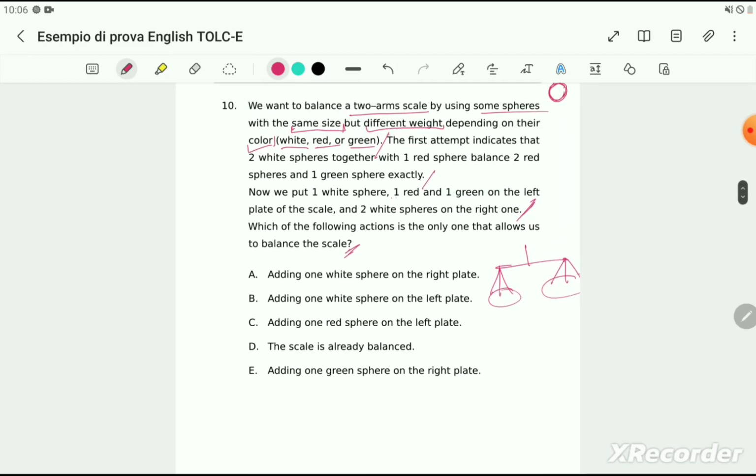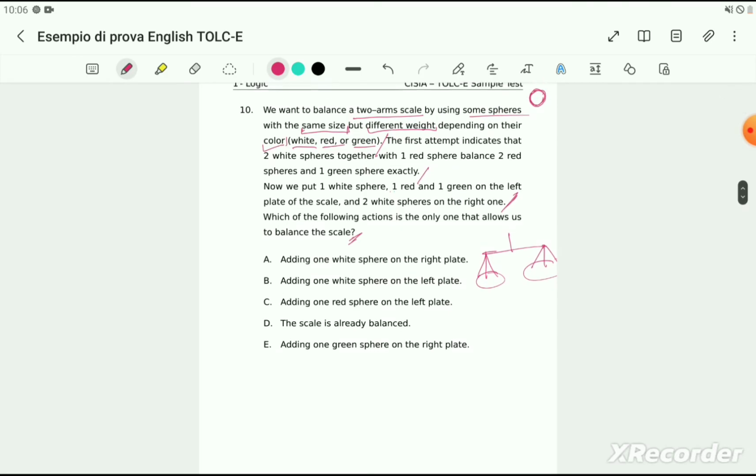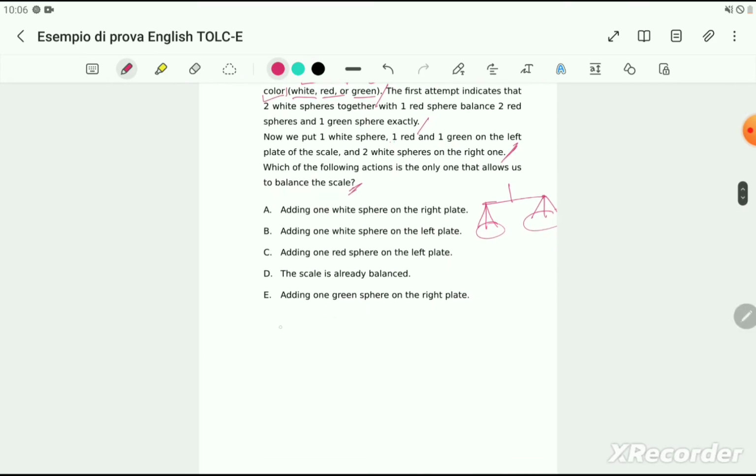Okay, so let's think about what they said. In the first sentence they said we can draw a balance. Okay, this is our balance. In the first sentence they said two white spheres together with one red sphere make a balance with two red and one green.